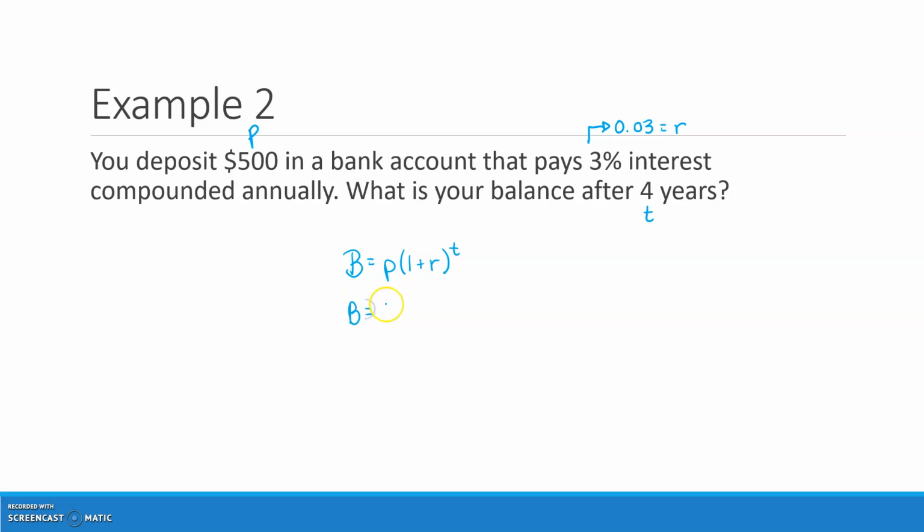And then substituting in what I know. 1 plus 0.03 raised to the 4th power, taking care of what's in parentheses first.